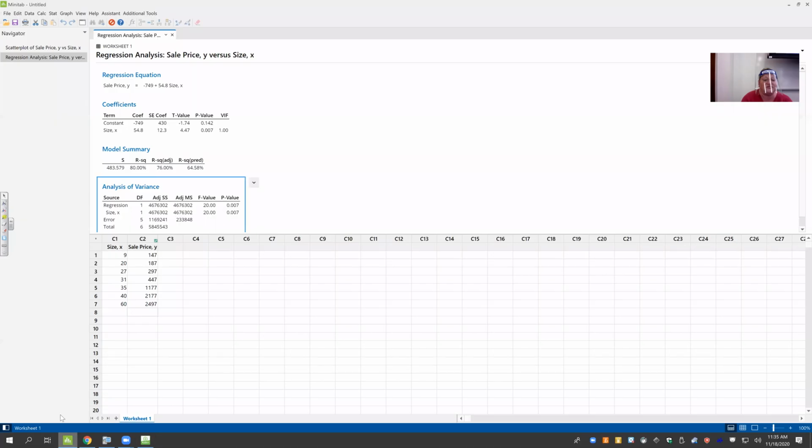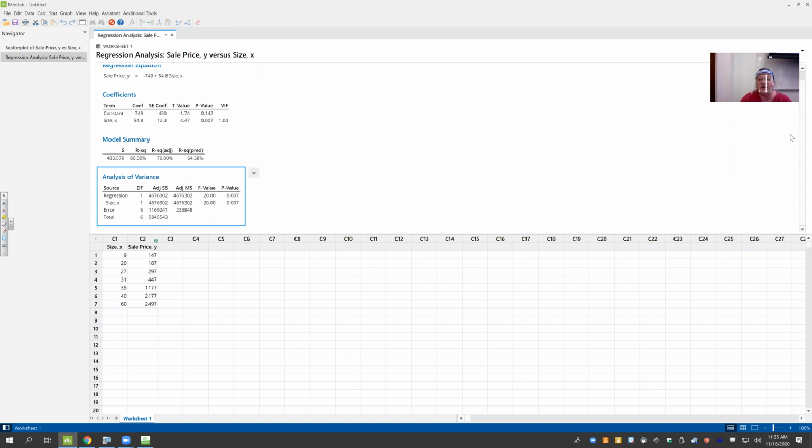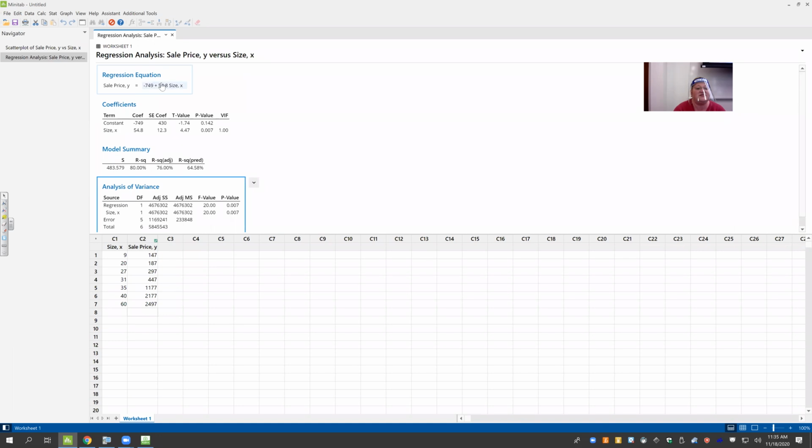If I go back to my results, the very first piece that I'm given is the regression equation. Okay, so we're going to look at that regression equation header, and we're going to write it down.